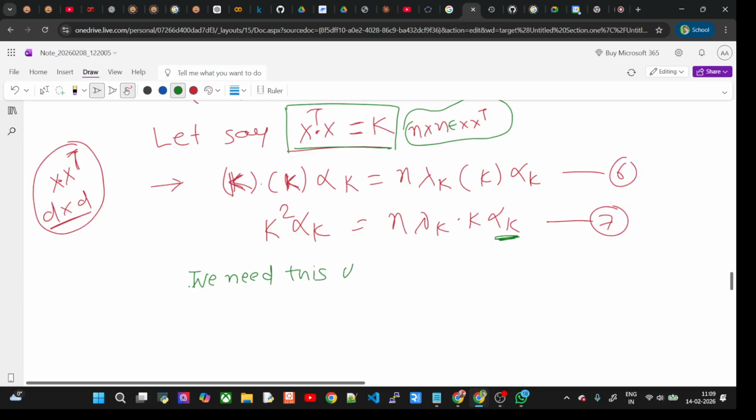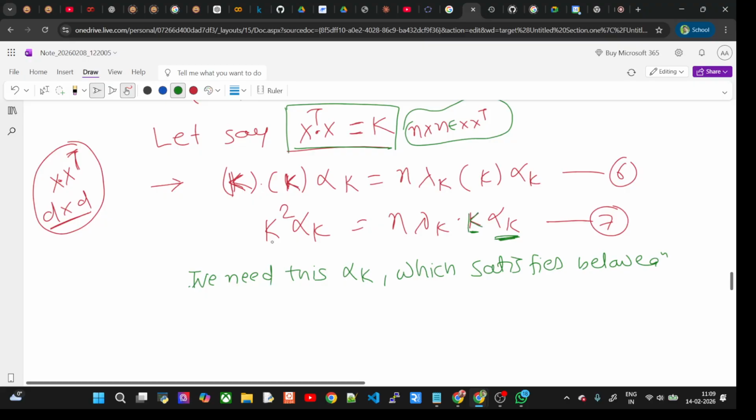So in this case, here we need this alpha k, which satisfies the below equation. What is that below equation? See, if this is k square, this is k, so I am now dividing by k just to eliminate this k.